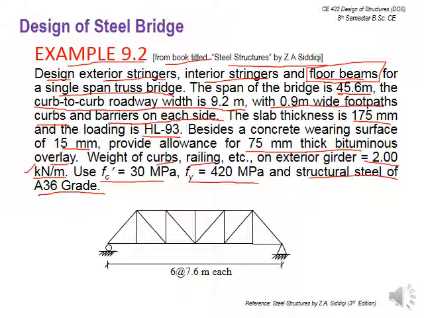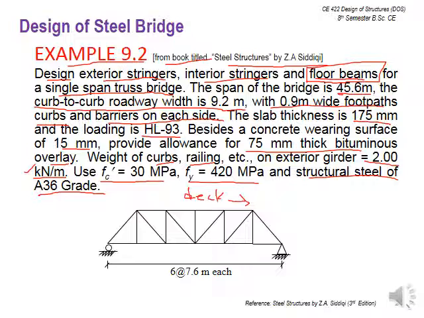This type of bridge has a load path in such a way that first of all the load comes on the deck, and then from the deck the load is transferred.